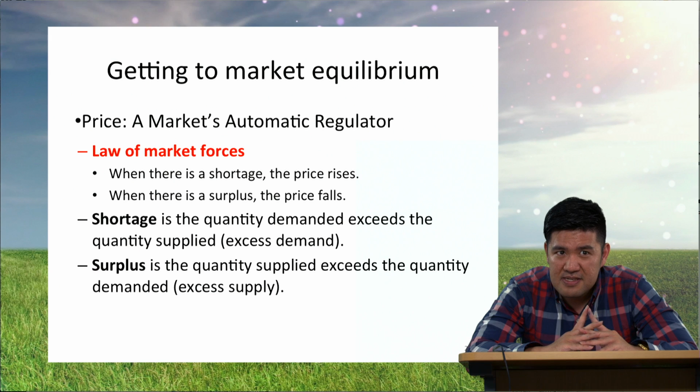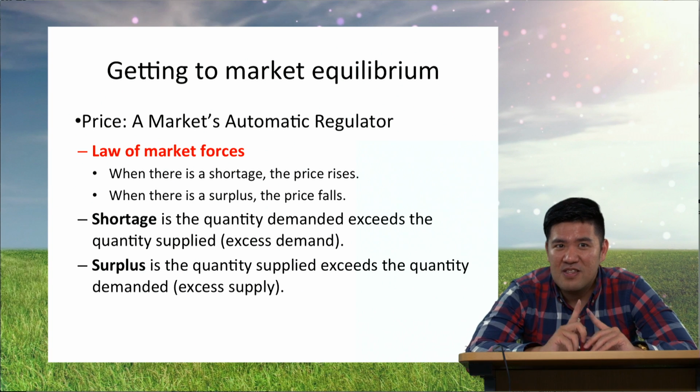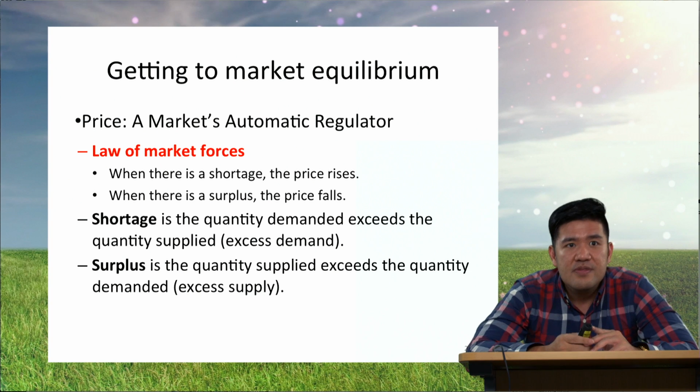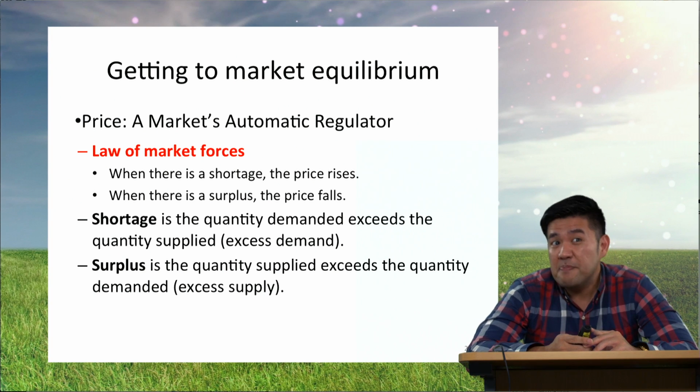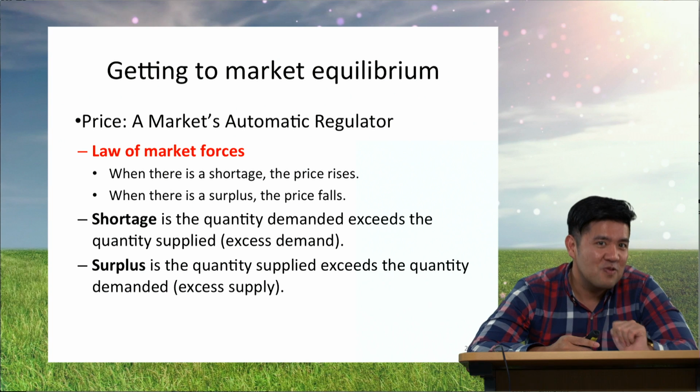When the price is too low, you will have a shortage, right? Quantity demanded is more than the quantity supplied. When the price is too high, quantity supplied will be more than quantity demanded.